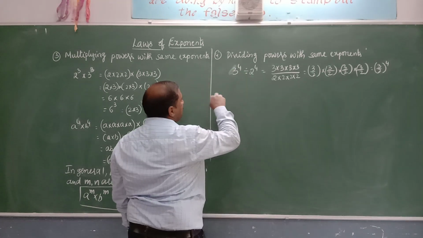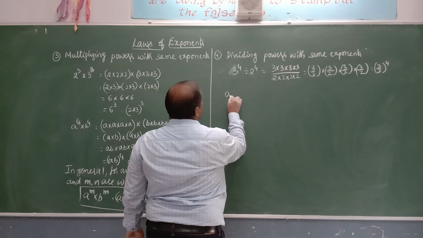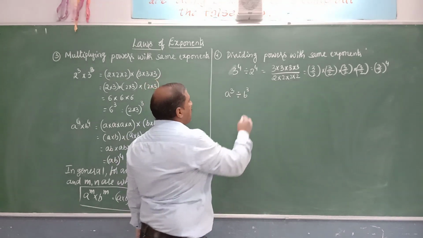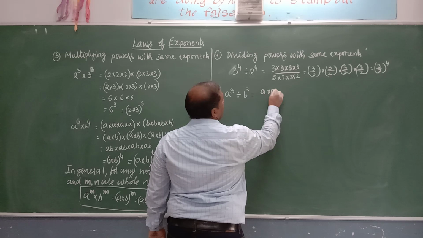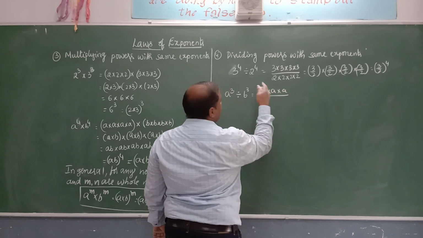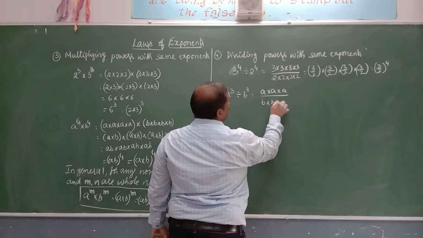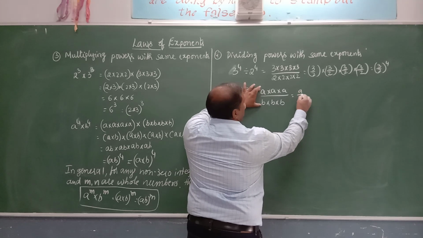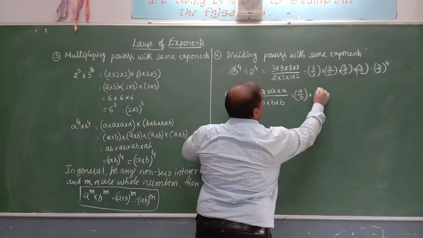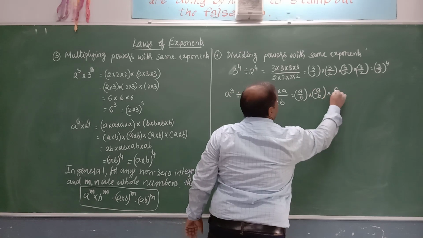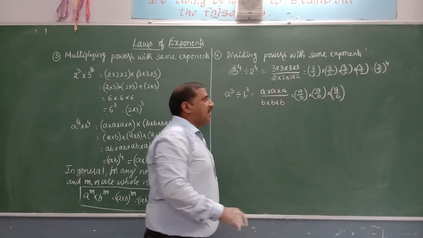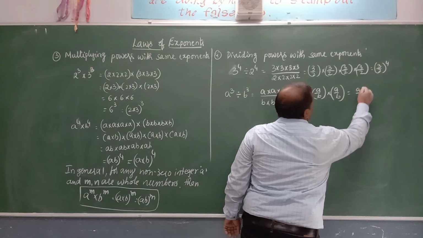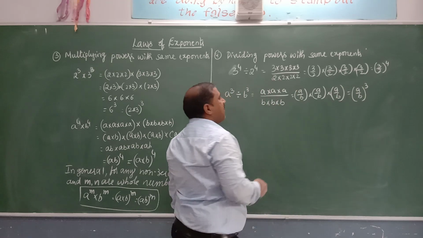Now we take one more example with variables, that is a cube divided by b cube. A cube means a into a into a, divided by b cube means b into b into b, that is equal to, writing them as pairs, a by b into a by b into a by b, that is 3 times, so a by b whole cube.